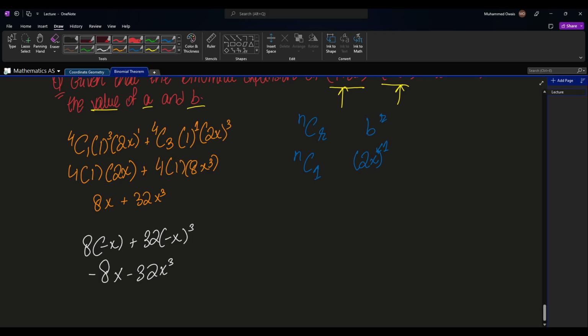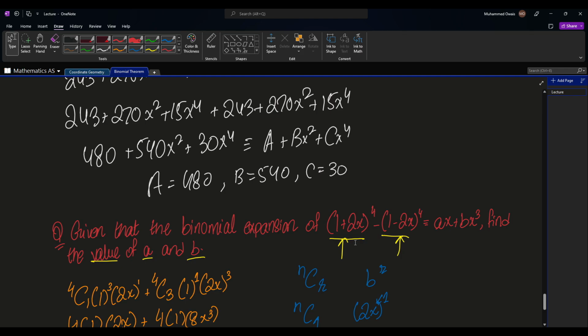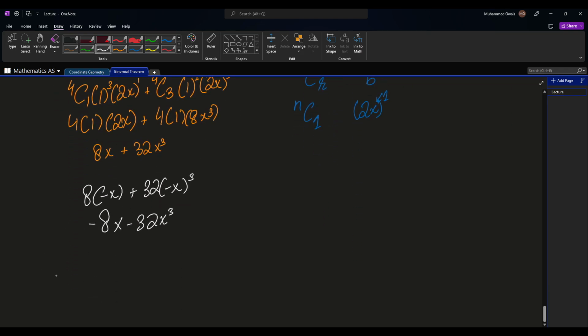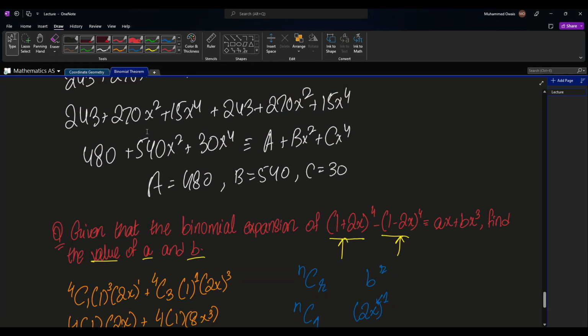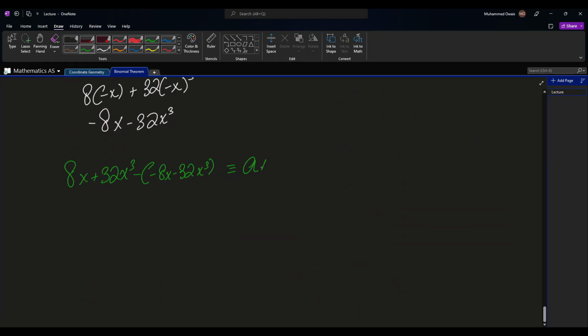Alright, the next thing we need to do is subtract both of these. So I can write 8x plus 32x cube minus (minus 8x minus 32x cube), which is now comparable to ax plus bx cube.